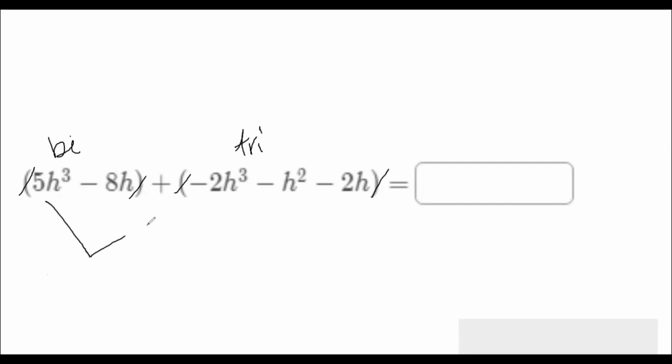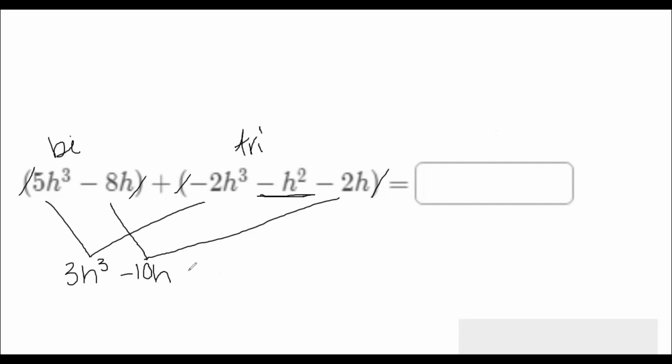So you have 5h cubed and negative 2h cubed, that's 3h cubed. You have negative 8h and negative 2h, which equals negative 10h. And there's just this one term left, negative h squared, that can't be combined with anything, so that's going to be alone.